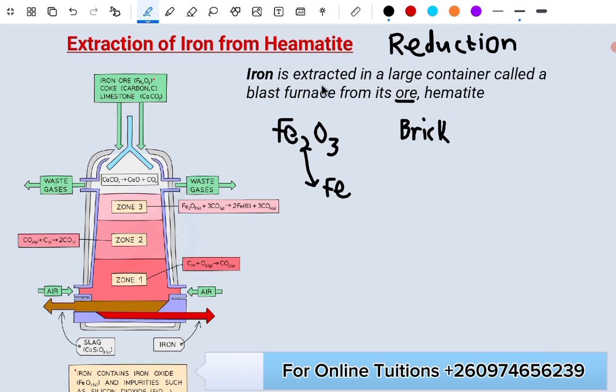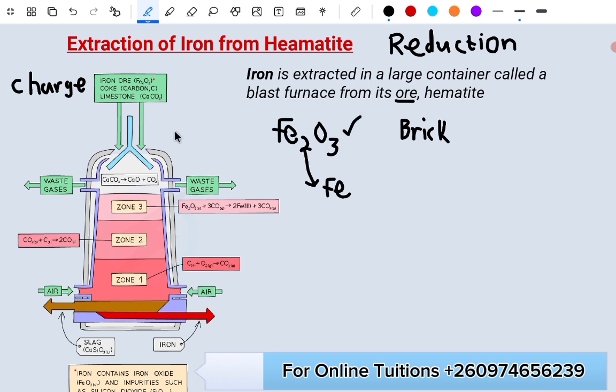Now there are several things that are added in the blast furnace that we call the charge. Everything that we are adding in this blast furnace, we call the charge. Among these raw materials the hematite itself is one of them.